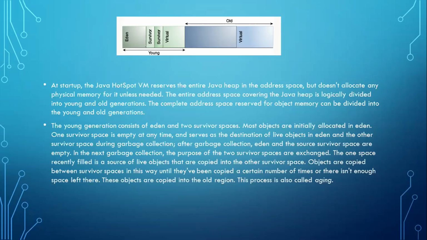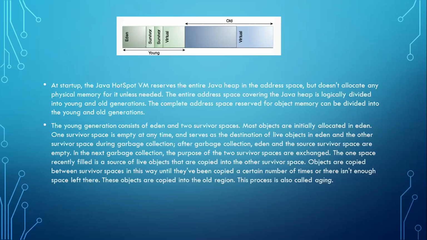Number two is that there is a concept called max tenuring threshold. Max tenuring threshold suggests how many times an object has to live within young generation before it gets promoted to old generation. That means how many times within young generation an object has to survive garbage collection.